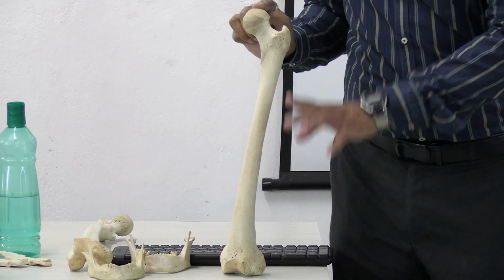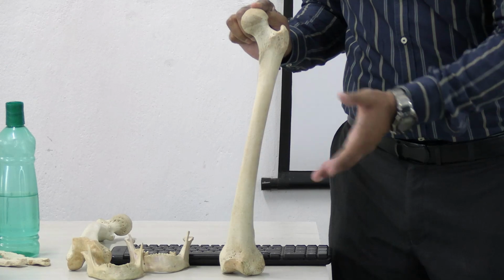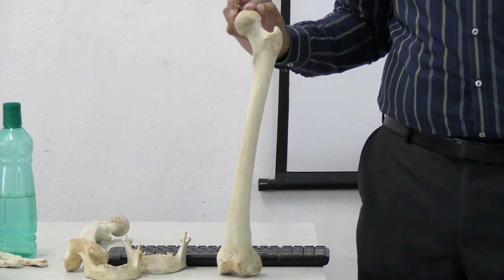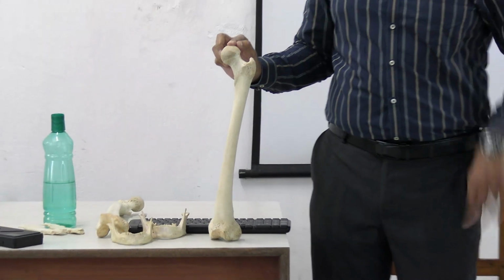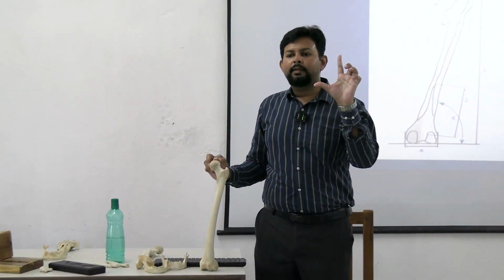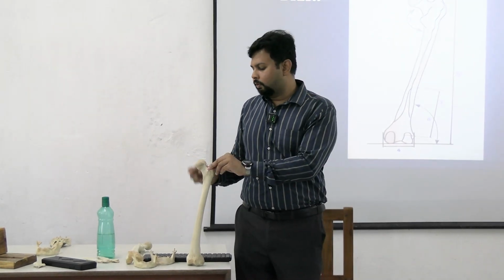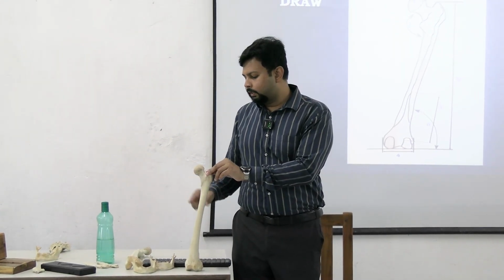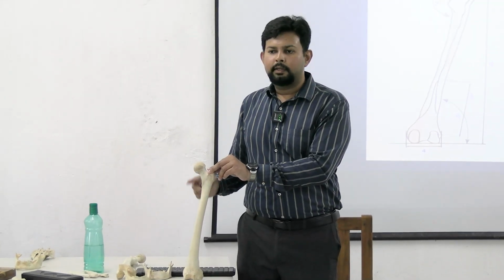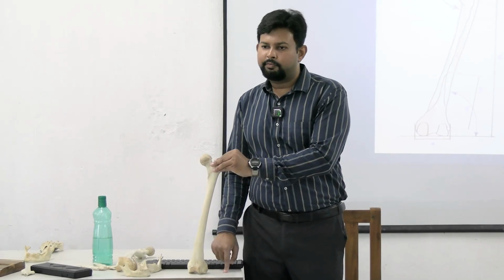And always remember, mostly acute in females, in most of the dimensions, except in the mandible, where it is more acute in males and obtuse in females. So you see this angle, it is more acute in females.